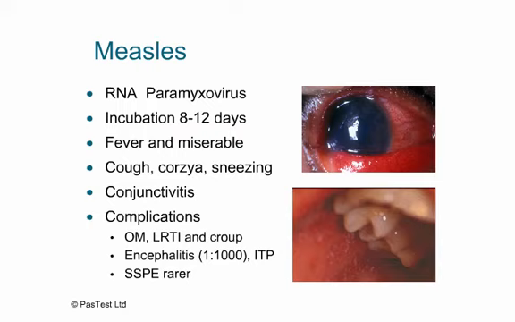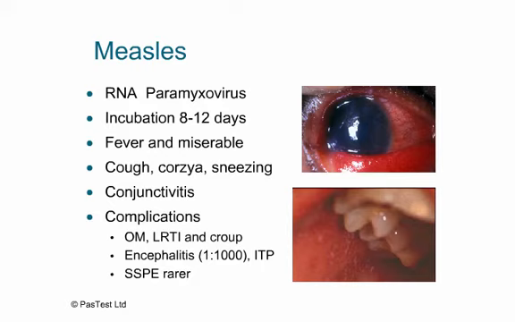Measles is an important topic that you should know well. It is caused by the RNA virus paramyxovirus and is spread by droplet infection with an incubation period of 8 to 12 days, and children remain infectious for 3 to 5 days following the appearance of the rash.